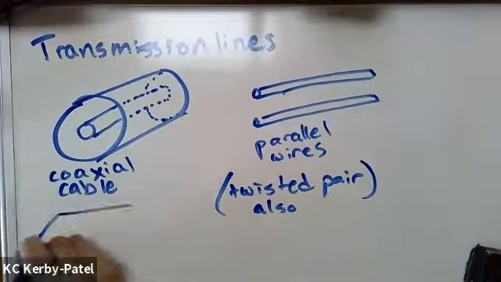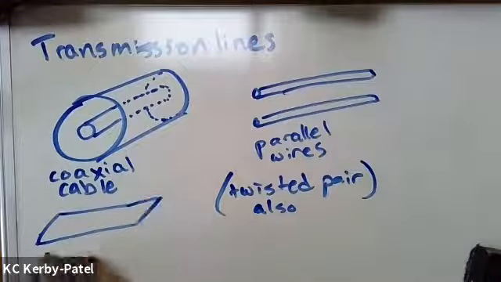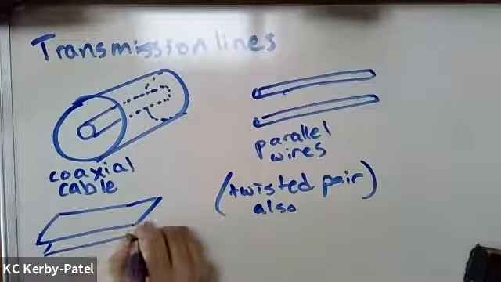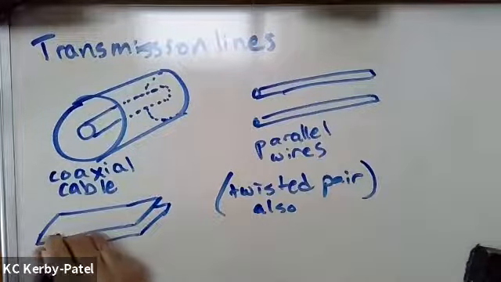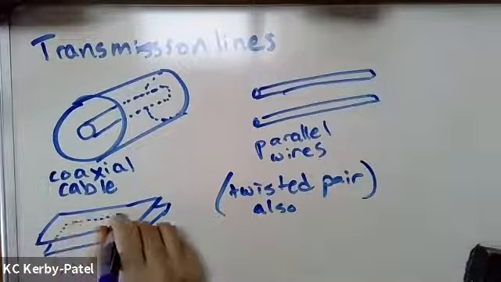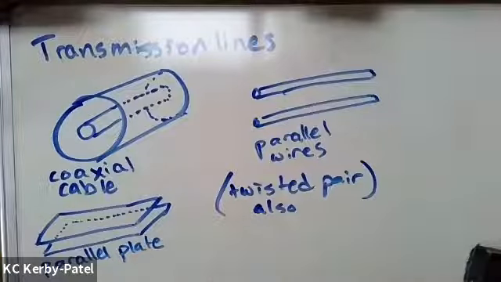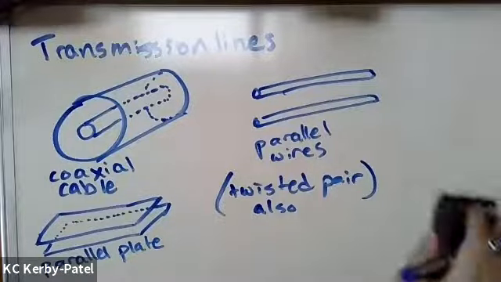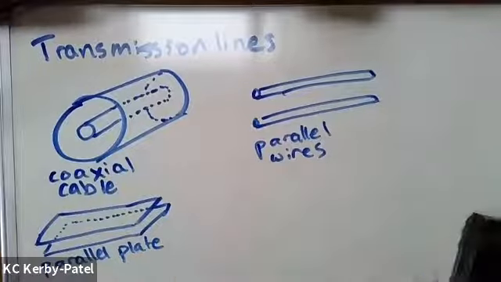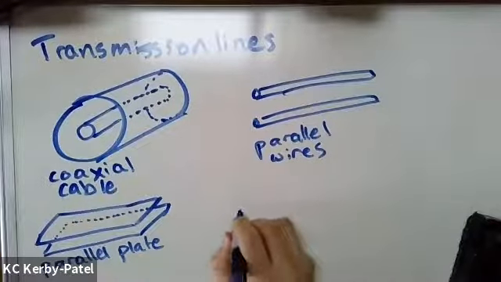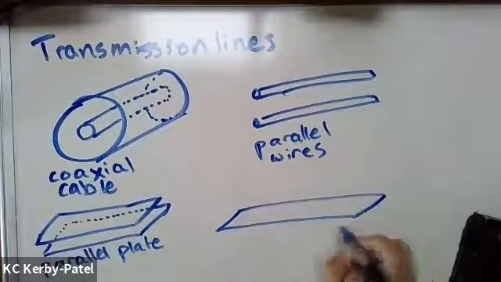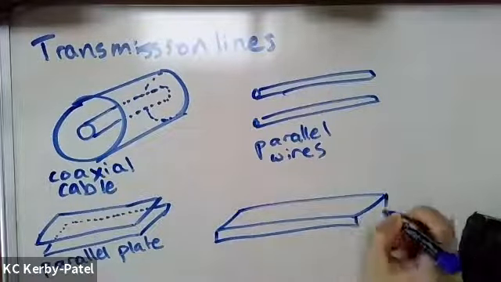You can have parallel plate waveguide, which we talked about a little bit in some of our examples on inductance. You can also have some things that are more common in printed circuits. So you can have something like microstrip, where you have a non-conductive substrate.